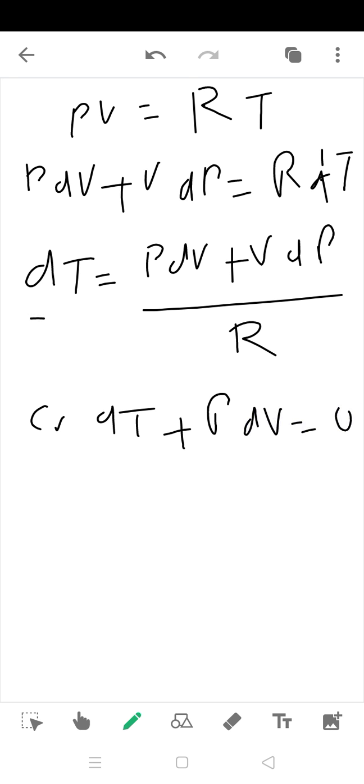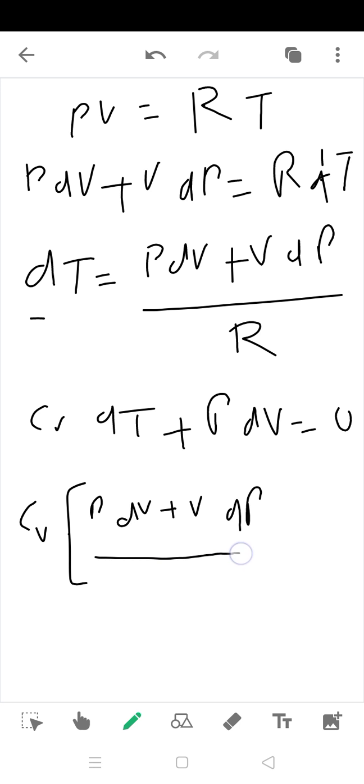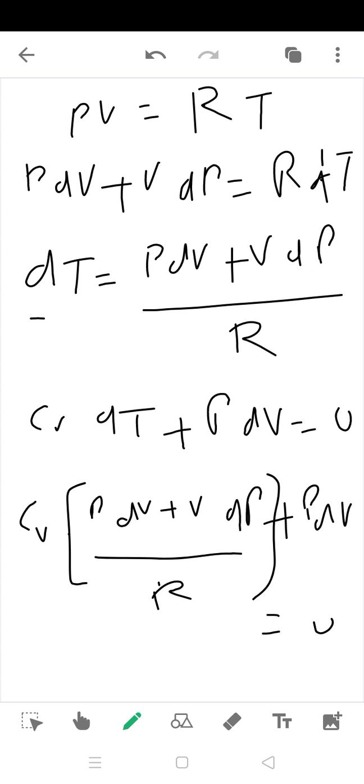Put the value of this dT here. We will get Cv (P dV + V dP) by R + P dV = 0.